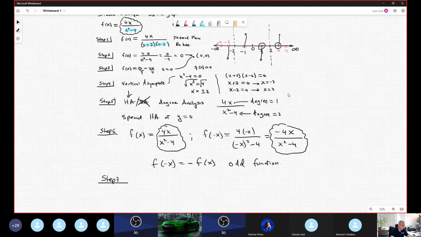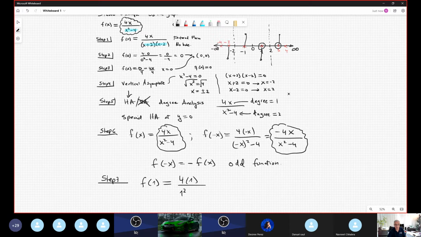So you evaluate, for example, at 1. The function evaluated at 1 is 4 times 1 over 1 squared minus 4. 4 times 1 is 4, 1 squared is 1, 1 minus 4 is negative 3. The answer is negative 4 over 3.